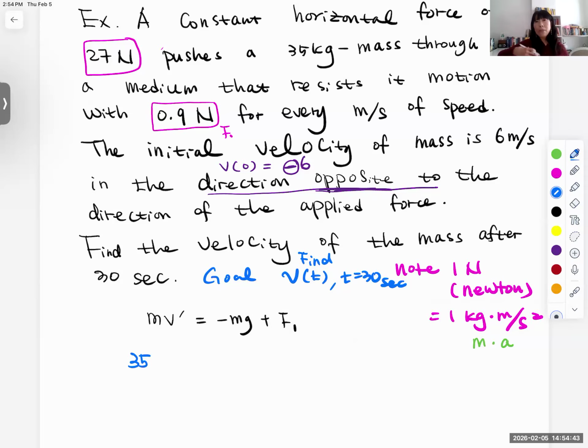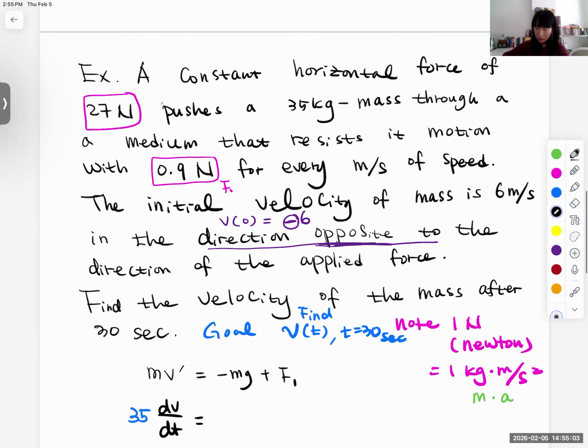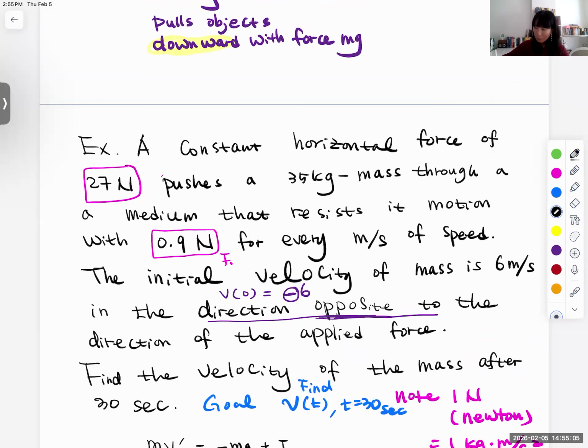Now v prime I want to express as dv over dt. dv over dt equals, well, the constant horizontal force.